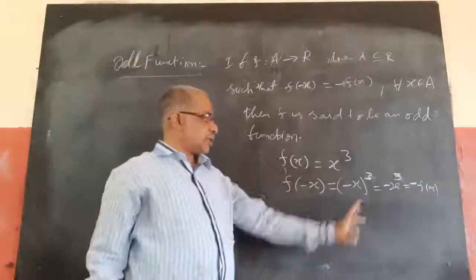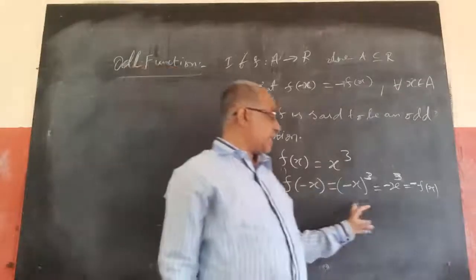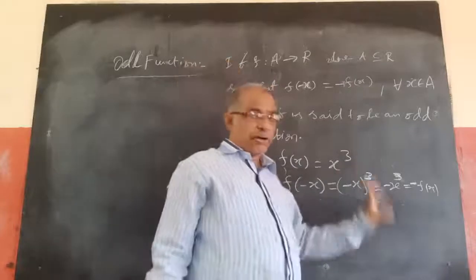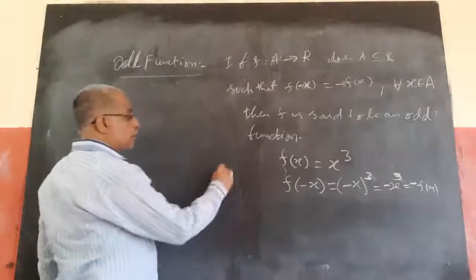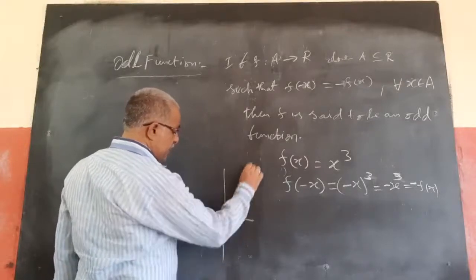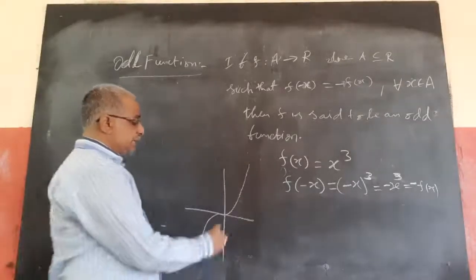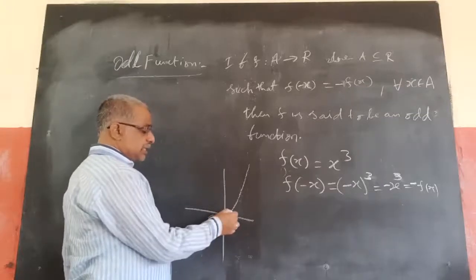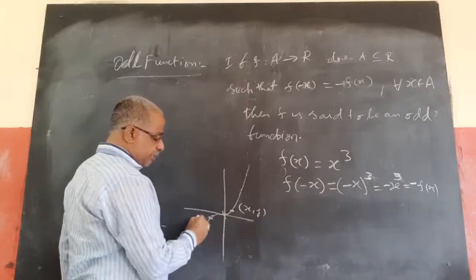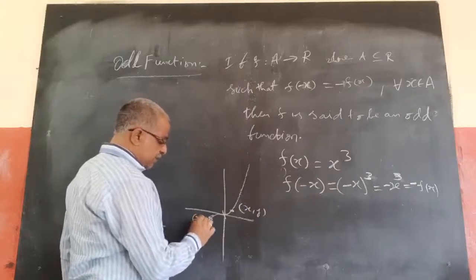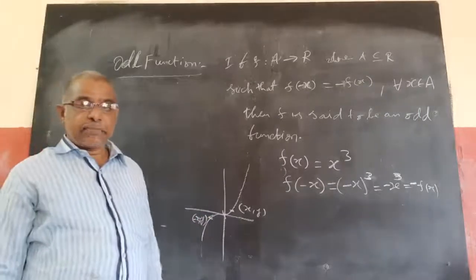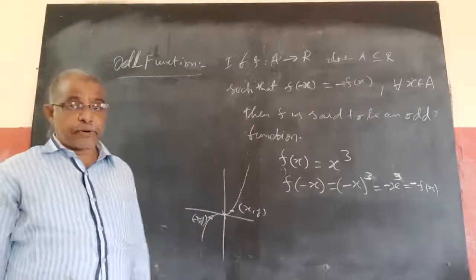An example is f of x equal to x cube, which gives f of minus x equal to minus x cube, equal to minus f of x. So x cube is an odd function. The graph of x cube will be like this. It is symmetric in the opposite quadrants. If x comma y is one point, then minus x comma minus y should be another point.